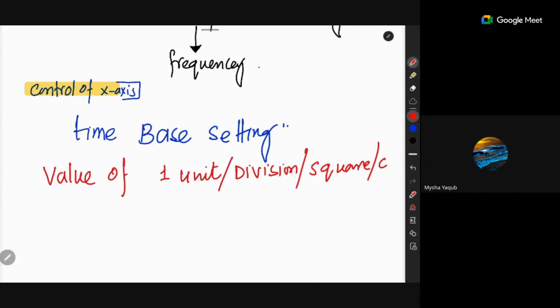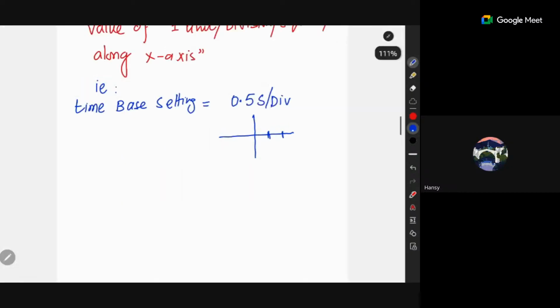So what does it mean? That one division along x-axis equals to how much? 0.5 seconds. Well done. So it means that one division along x-axis is equal to 0.5 seconds.